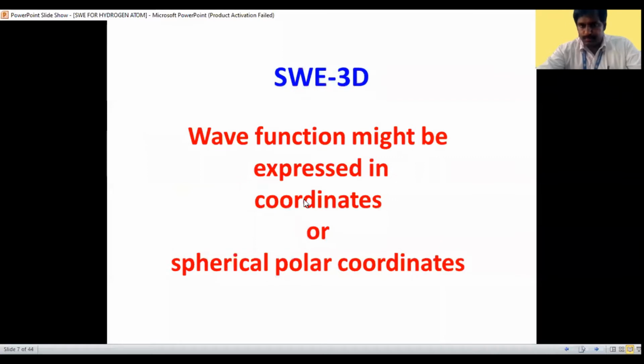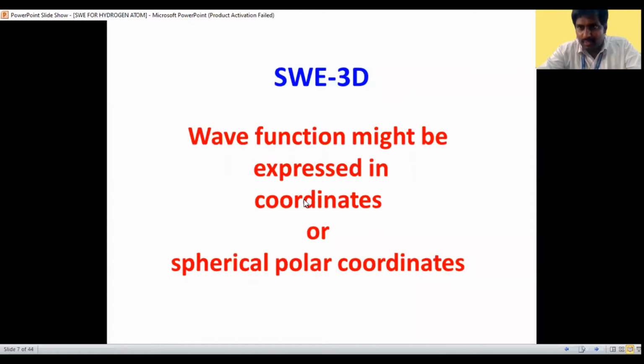So in the Schrodinger wave equation, that is in the three-dimensional box, the wave function may be expressed in either normal coordinates or spherical coordinates. So why are we going for spherical polar coordinates?